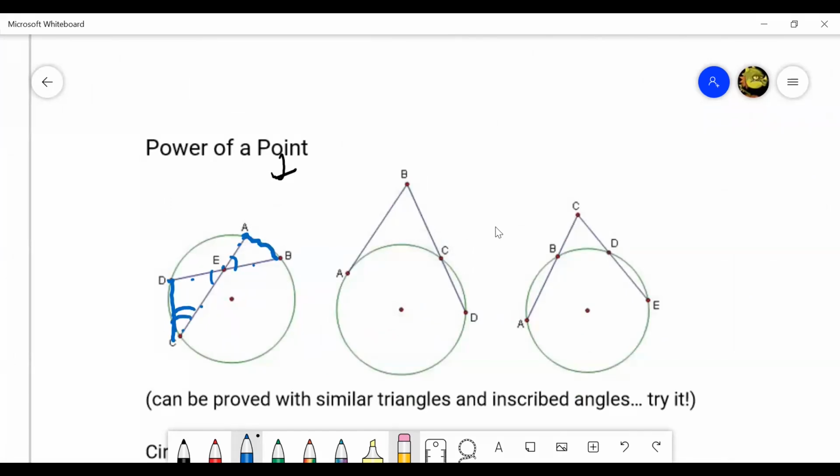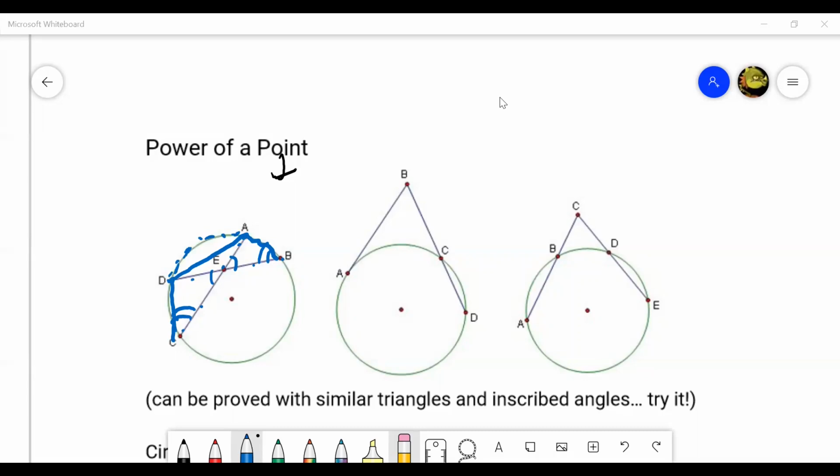These two angles are equal because they both face the same arc AD. That means these two triangles are similar because their angles are all the same. And what similarity means is that corresponding parts of these triangles must be in proportion.